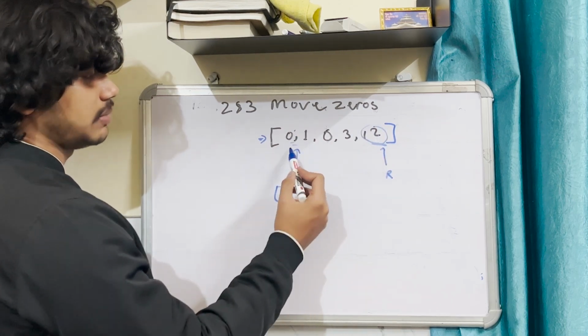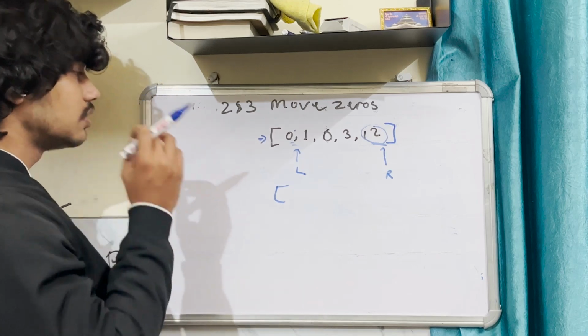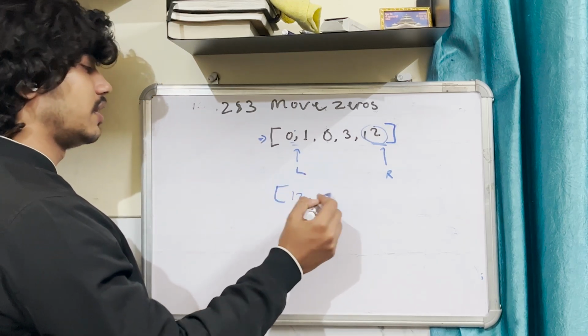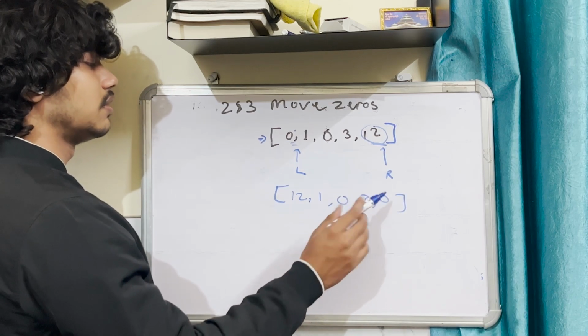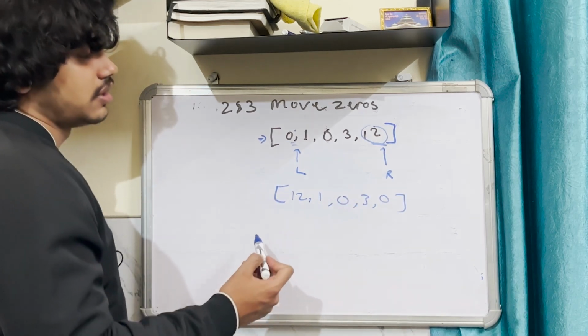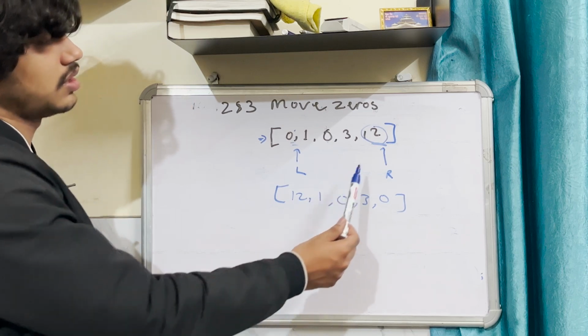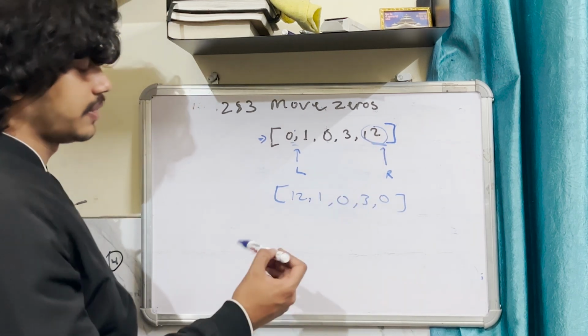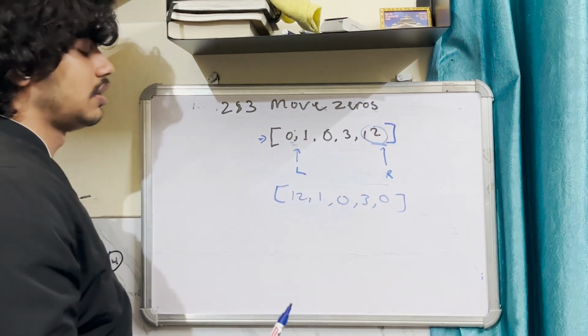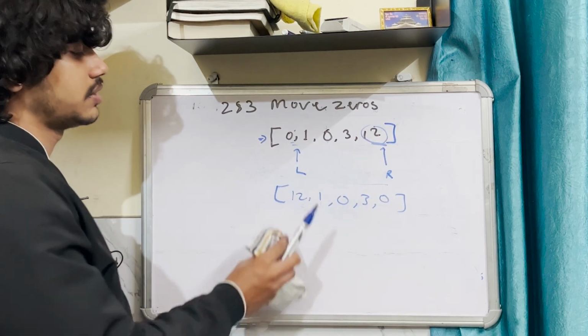For example, 0 is here, 12 is here, so you move 12 to the front and 0 to the last. Which will be wrong in this case, because you have to maintain the relative order.